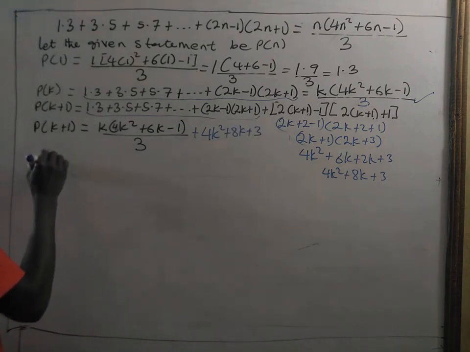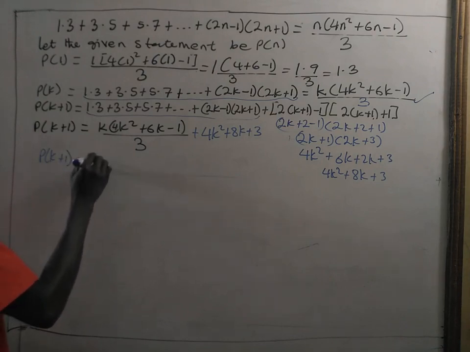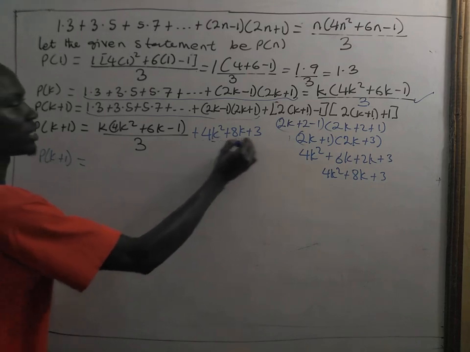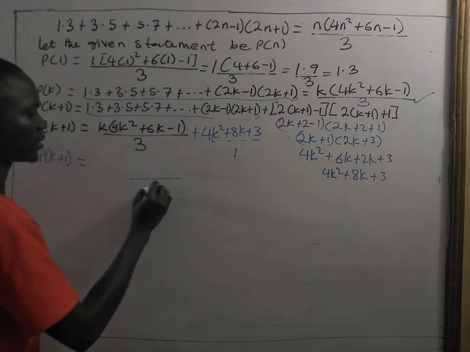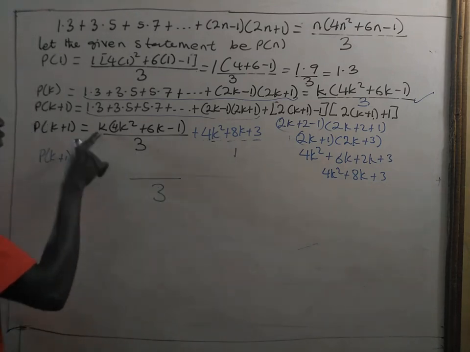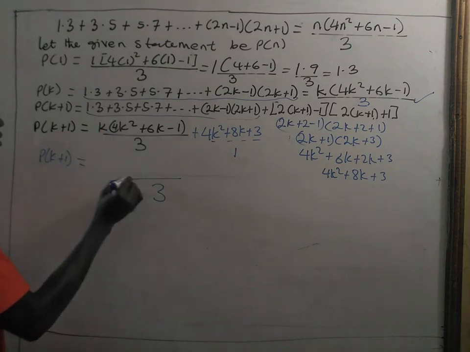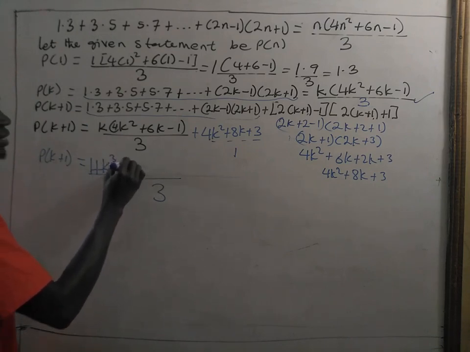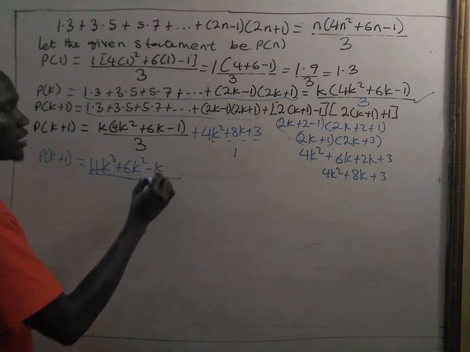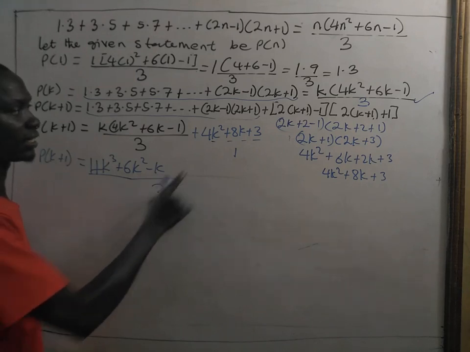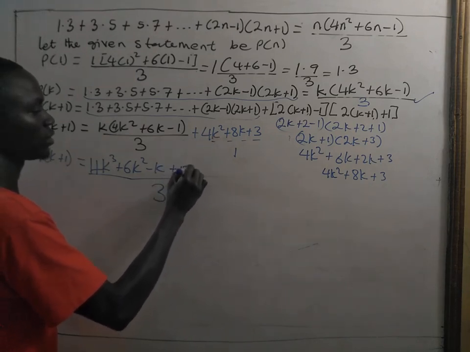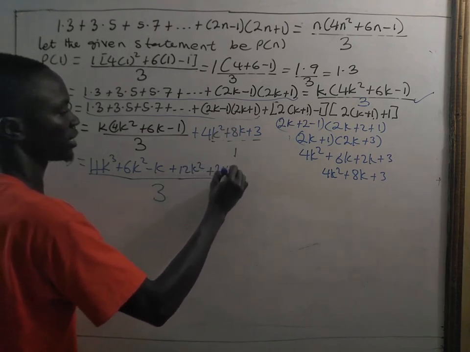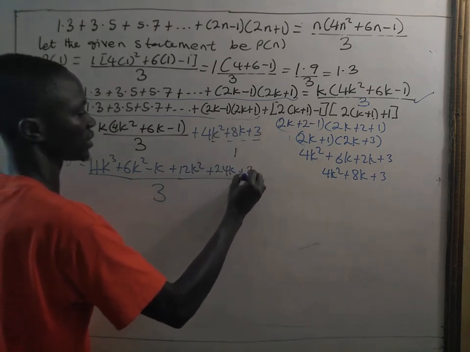Now we have P(k plus 1) equals, let's simplify this one. This is over 1, so the LCM is 3. 3 divided by 3 is 1. 1 times k is k, so we expand this to get 4k cubed plus 6k squared minus k. 1 will divide this 3. 3 times 4k squared is plus 12k squared. 3 times 8k is 24k. 3 times 3 is 9.